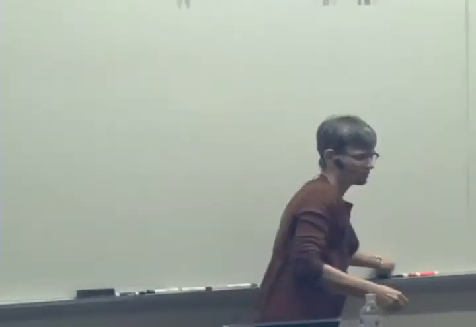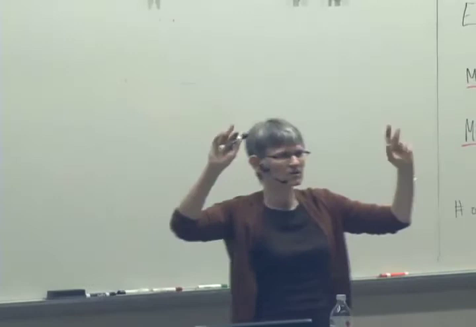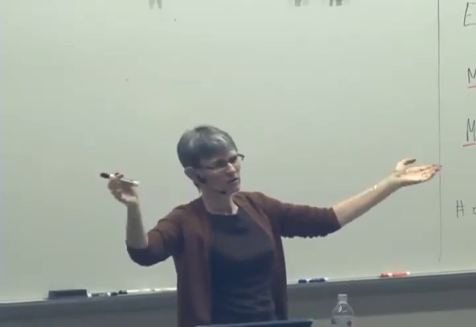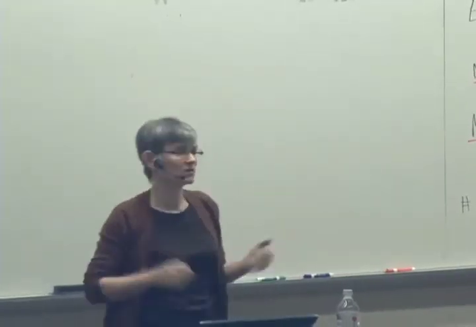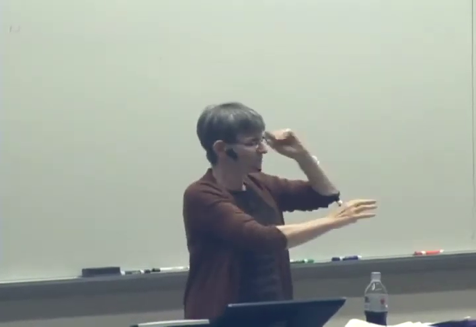So if we have two objects, and they might start at different temperatures, like those problems we did when we were talking about internal energy, where you have this 10 kilogram block of aluminum that starts out at 350 degrees Celsius, and you have this 5 kilogram block of aluminum that starts out at 100 degrees Celsius, and you put them together in an insulated container, and you wait.